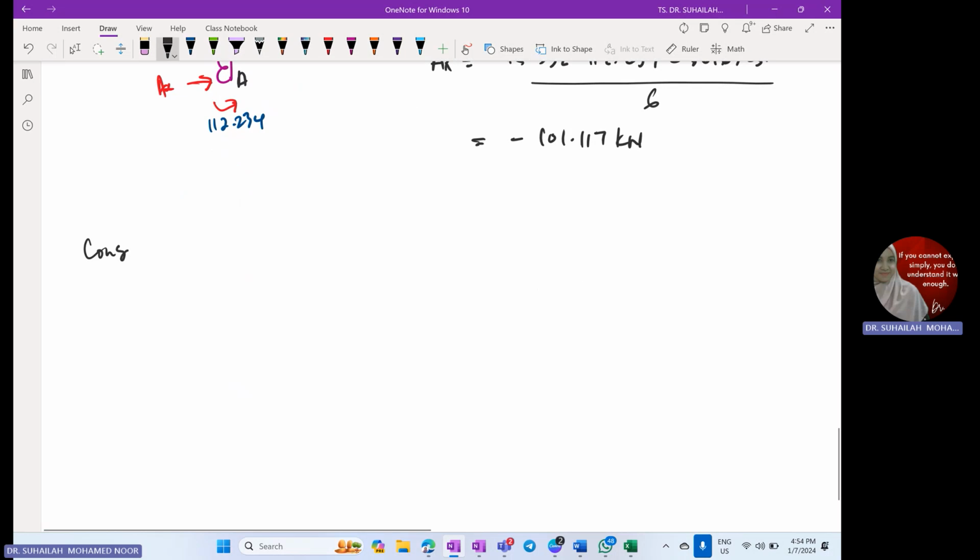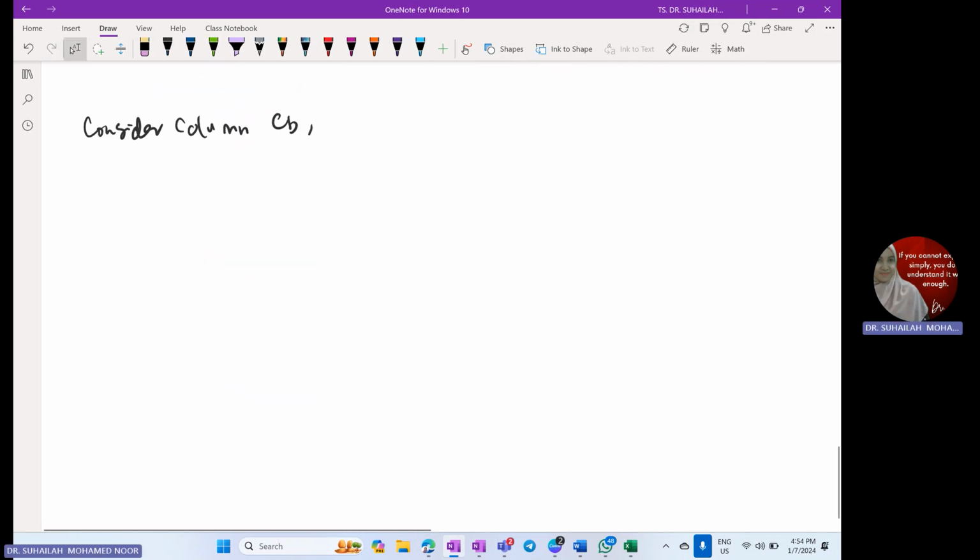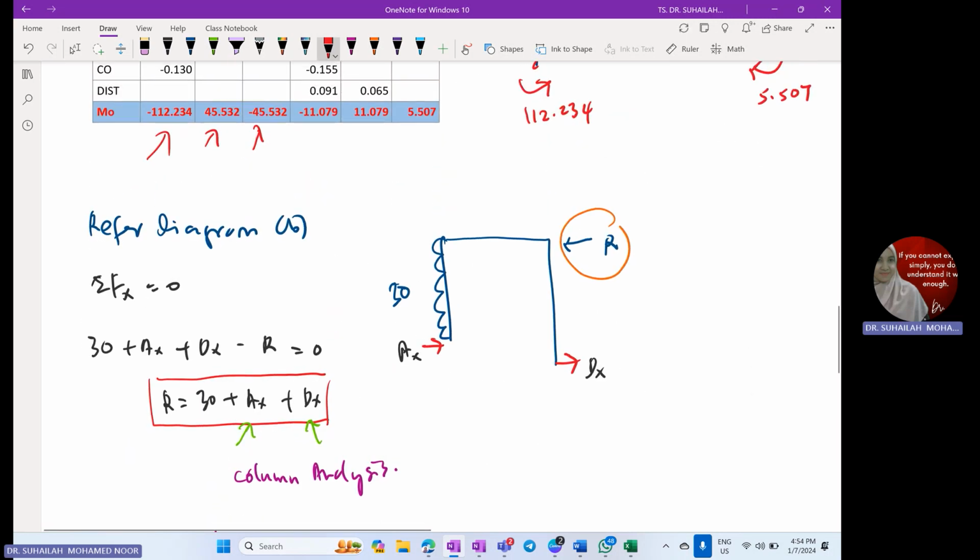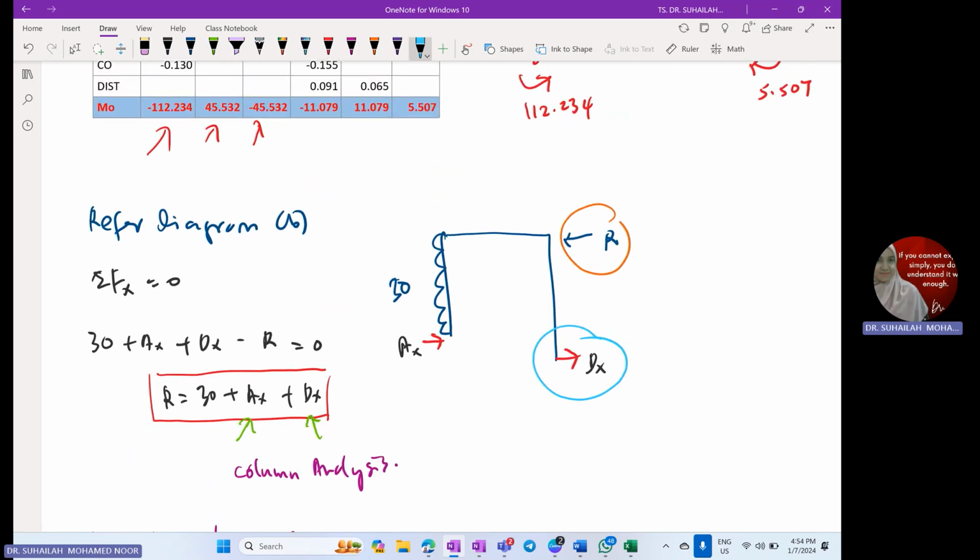So we consider column CD. Consider column CD. Because we always need to refer to this direction that we put when we write the shear equation.